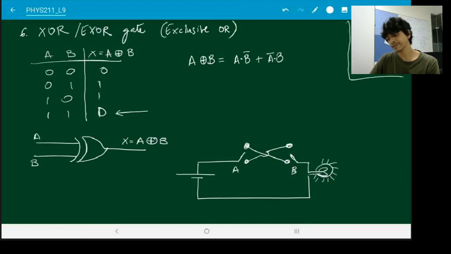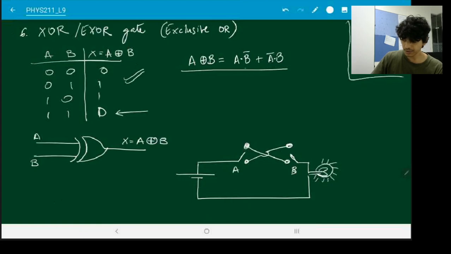Generally, if you want to verify any kind of logical statement like this, one of the ways of doing it is to construct the truth table. So you construct the truth table for A XOR B. Well, we already have it over here. And then you can construct the truth table for A and B complement plus A complement and B. So if you want, we can do that as a quick exercise right now.